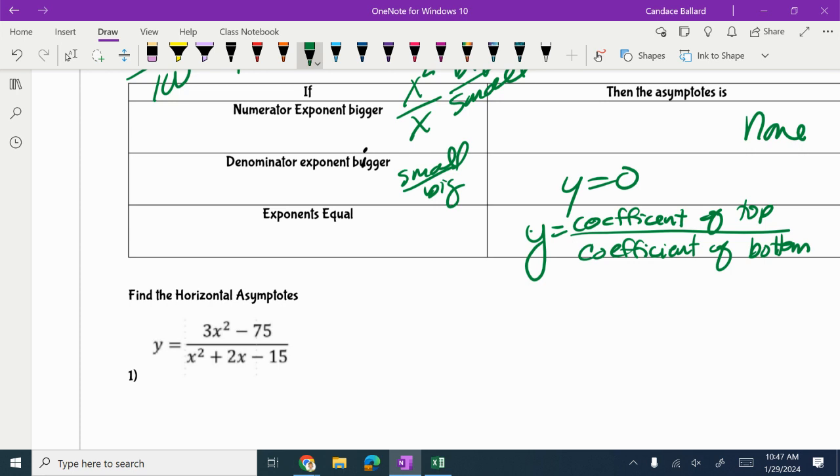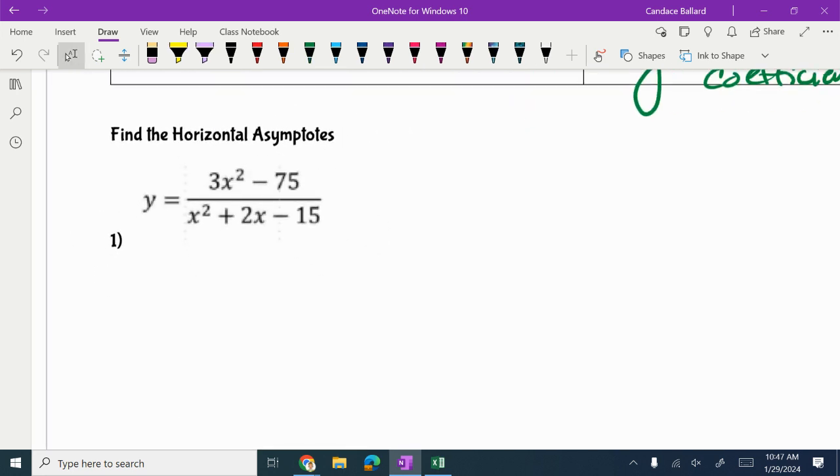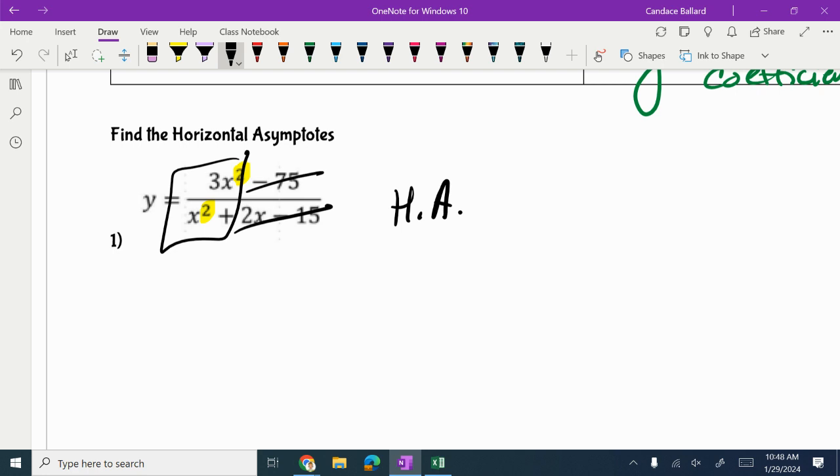So let's talk about the nuts and bolts of how to do the problems. First, find the biggest exponent in this first one. What's our biggest exponent in the numerator? X squared. What's the biggest exponent in the denominator? X squared. What do you notice about them? They're the same, so I'm going to ignore everything else and focus on this. If my exponents are the same, my horizontal asymptote is y equals the coefficients in front.